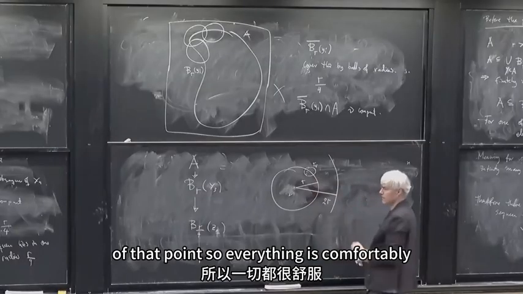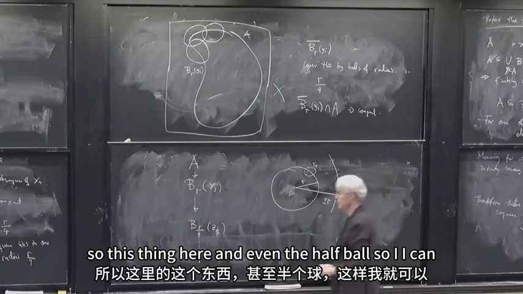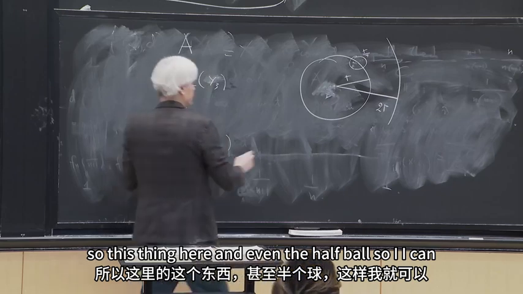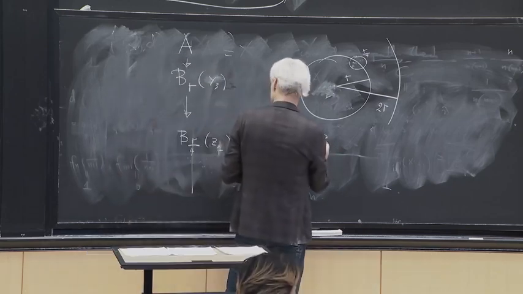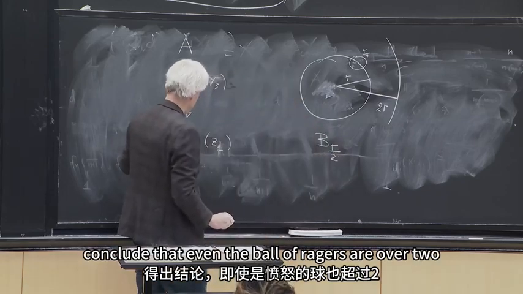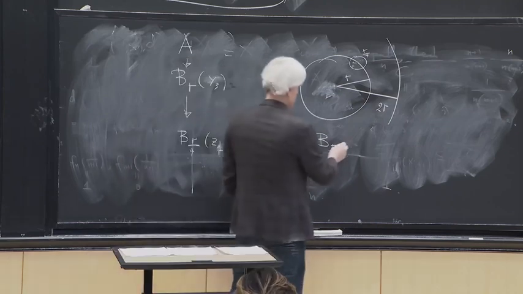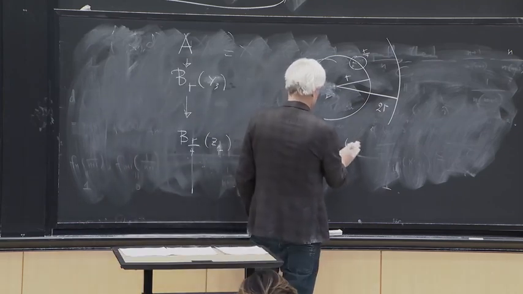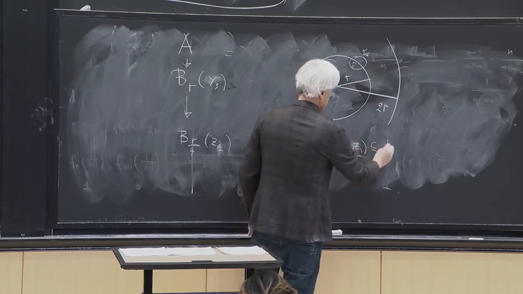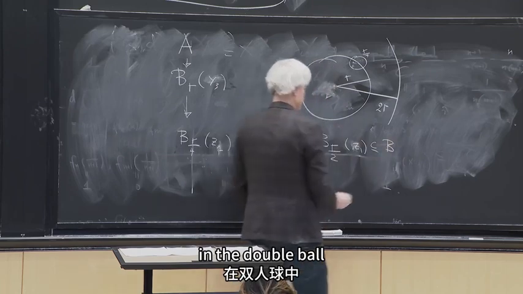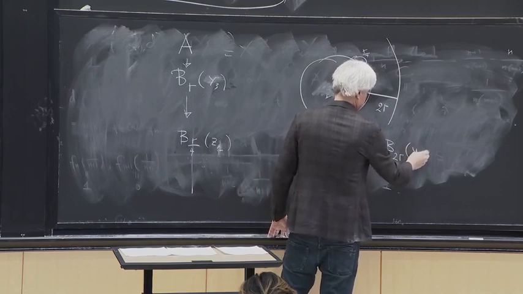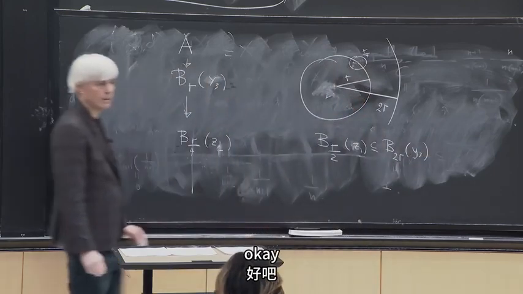So everything is comfortably, and even the half ball, so I can conclude that even the ball of radius r over 2, even this one here, is contained in the double ball. Like that, okay?